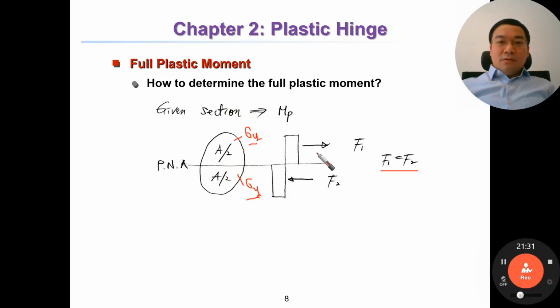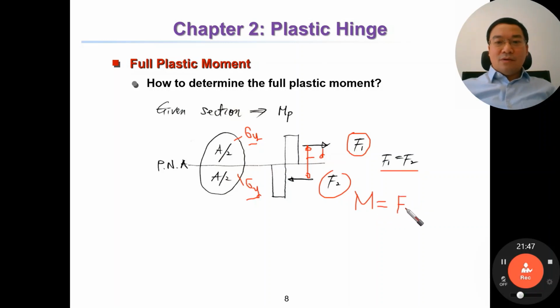So after that we calculate F1 and F2, and then we have to determine this, for example D. Then Mp equal to F1 multiplied by D. Okay, Mp. And F1 here equal to A over 2 multiplied by sigma y. Right, very simple. And this is the level arm, or the distance between F1 and F2.